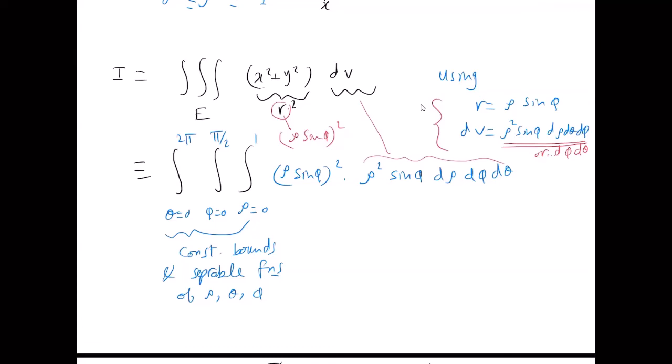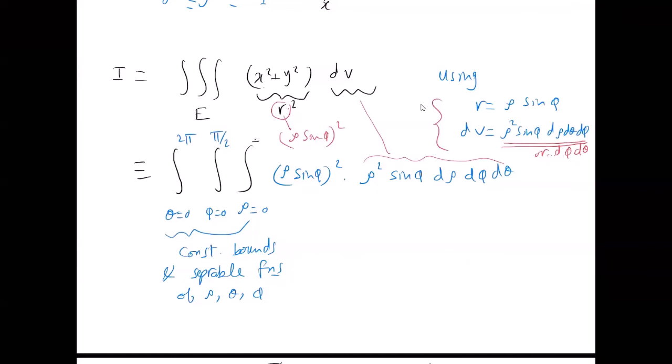We have seen this in the previous sections: when we have separable functions, the variables are not related in a complicated way. We have separable functions here. Rho, phi and theta can be separated.